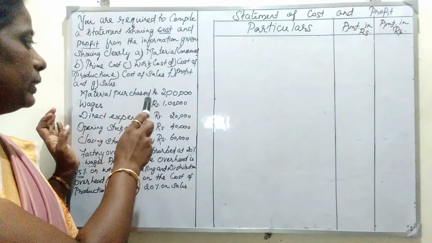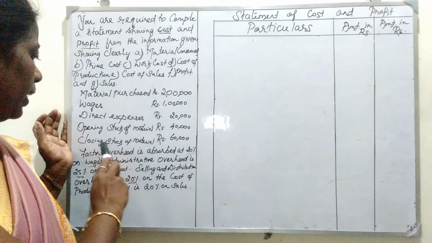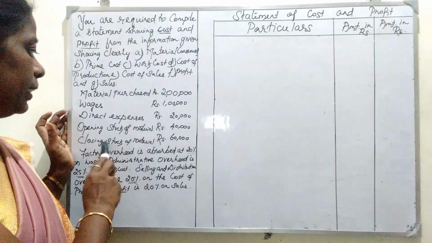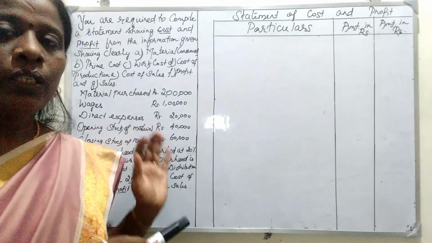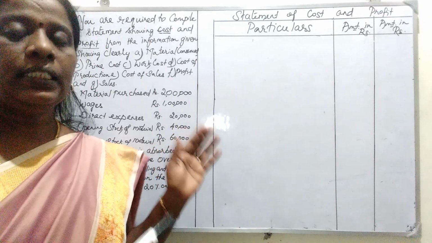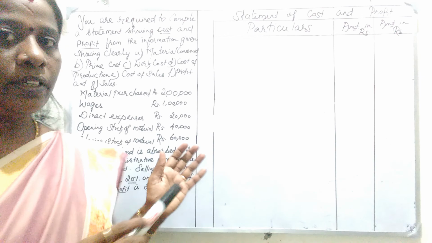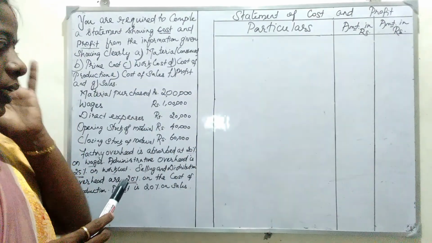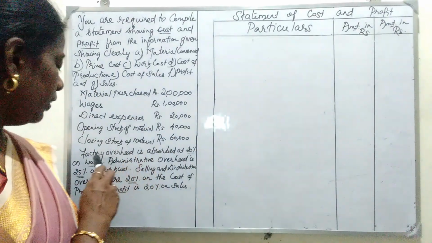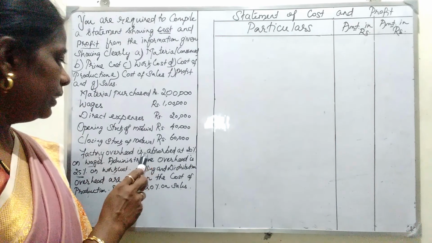The material purchased is given, and also the opening stock of material and closing stock of material are given. So we have to adjust these first, then add the direct expenses and direct labor, and at last find the prime cost. After finding the prime cost, we have to find the factory overhead expense.